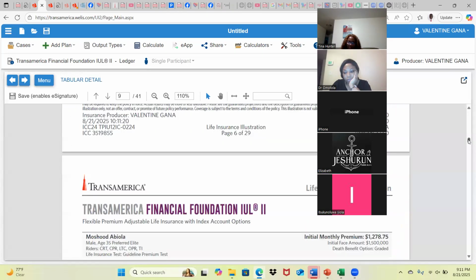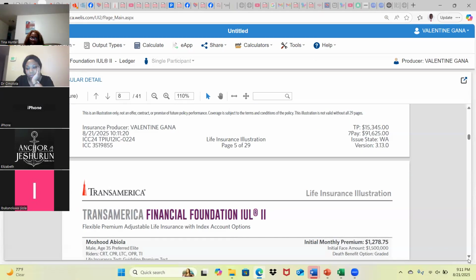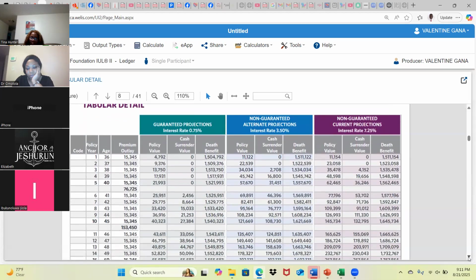So let's look at this option here. For graded, you can see here that the initial death benefit of this policy, or the face amount, was $1.5 million, okay? $1.5 million, and it's increasing as the years go by.